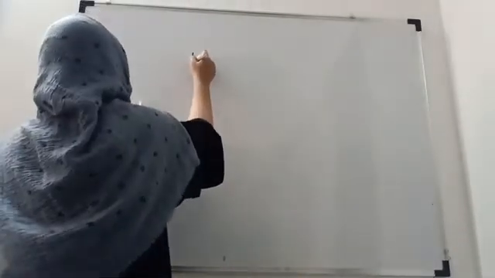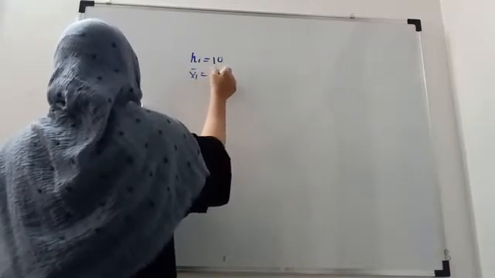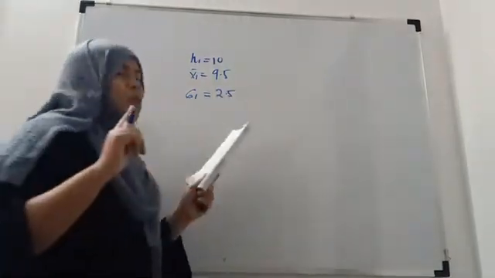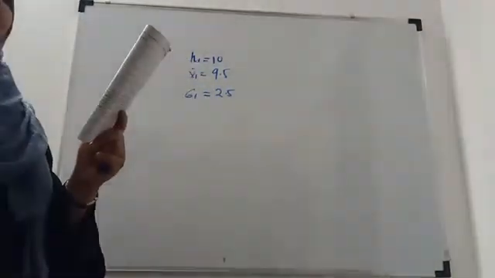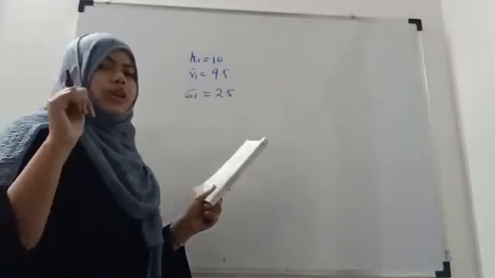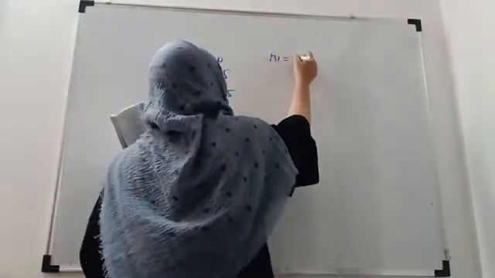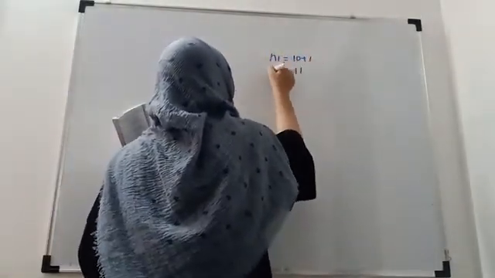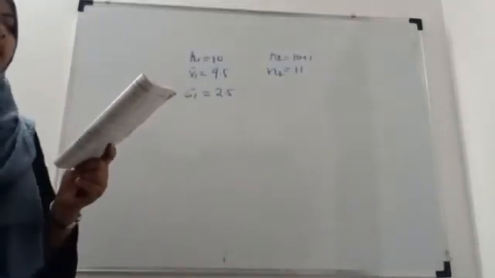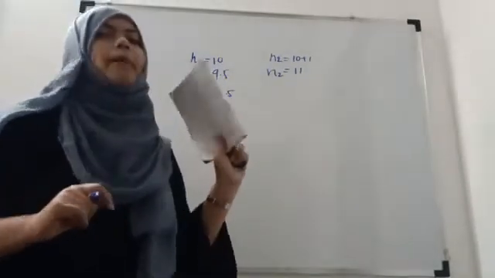So the mean for the first group of 10 observations is equal to 9.5 and the standard deviation is 2.5. If one more observation with the value 15 is included in the group, then we have to obtain the standard deviation and the mean for the combined group.